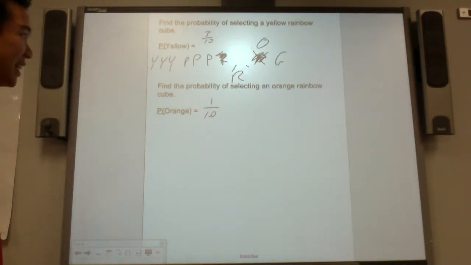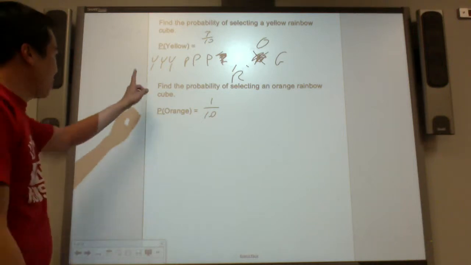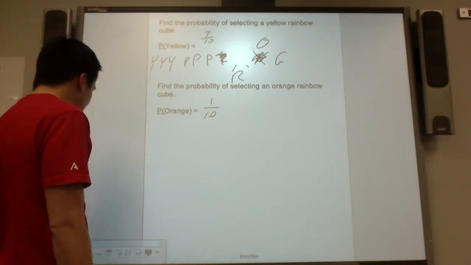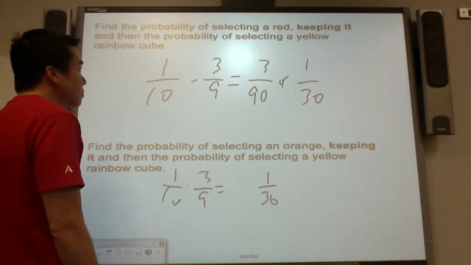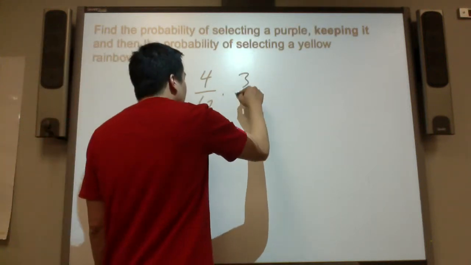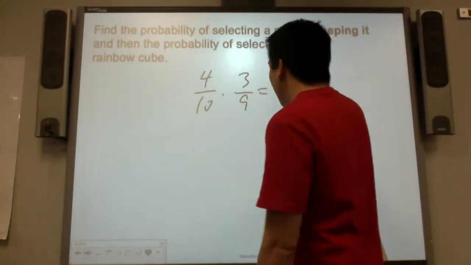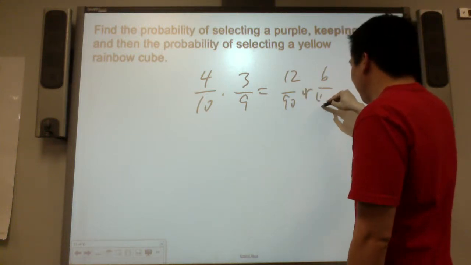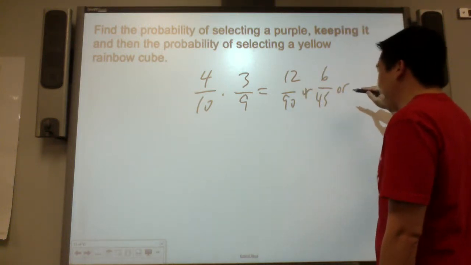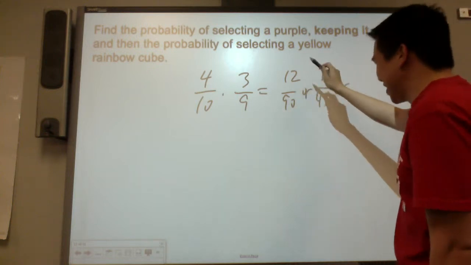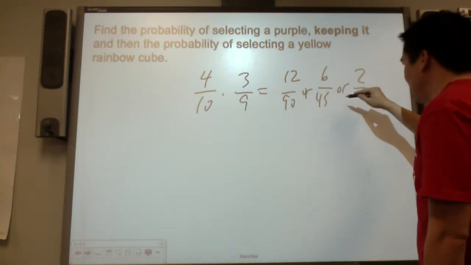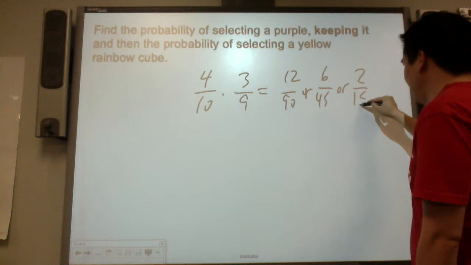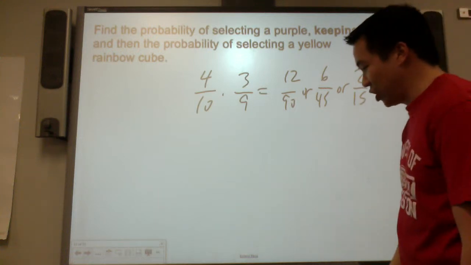I only have 9 cubes in the bag. So now I want yellow. What's the probability of getting yellow? 3 out of 9. So it's 12 out of 90 or 6 out of 45. You actually can simplify that by dividing by 3. I should have divided by 6 in the beginning. Oh well. 2 and 15. So it's 2 out of 15 chance.